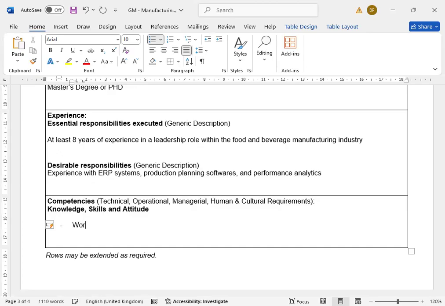Working with high volume production and perishable goods. Spelling perishable, okay, that's correct.